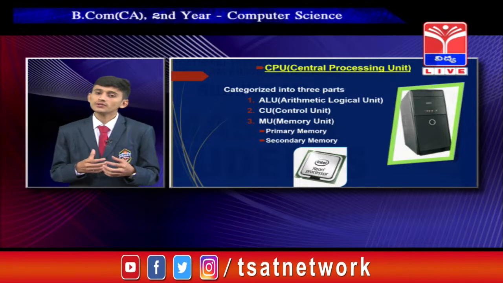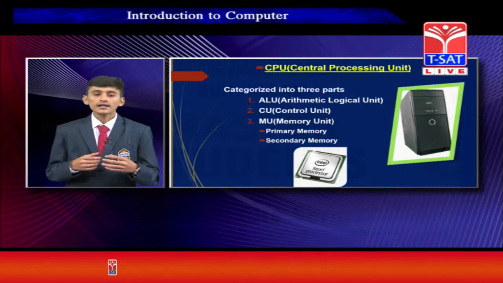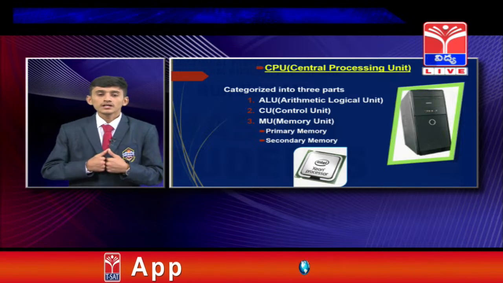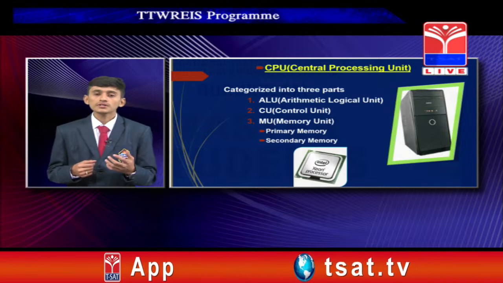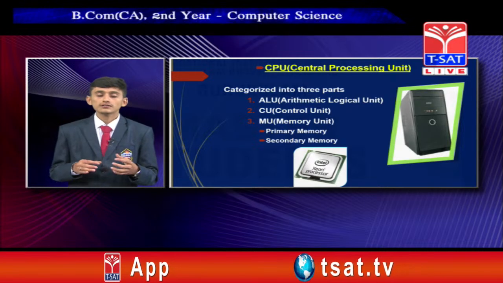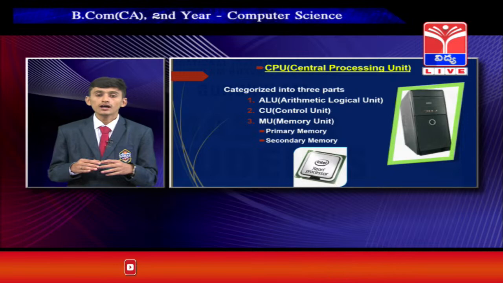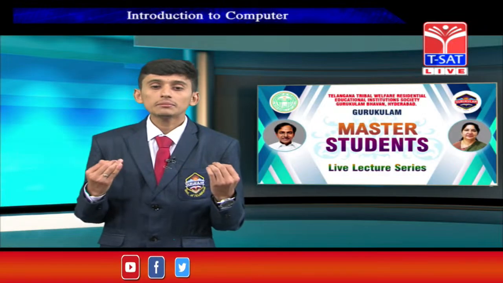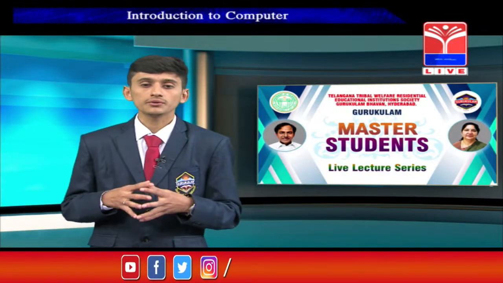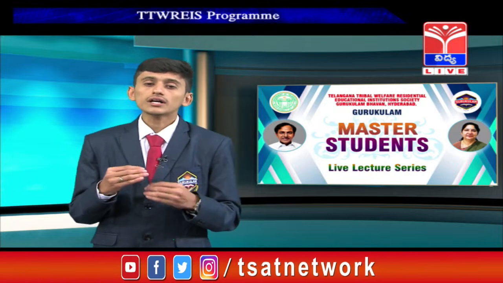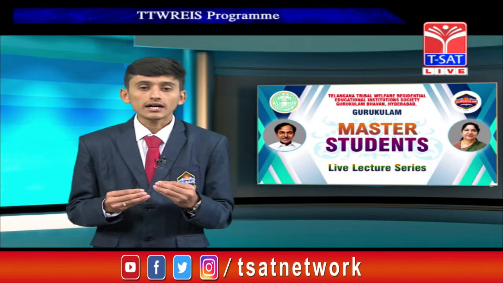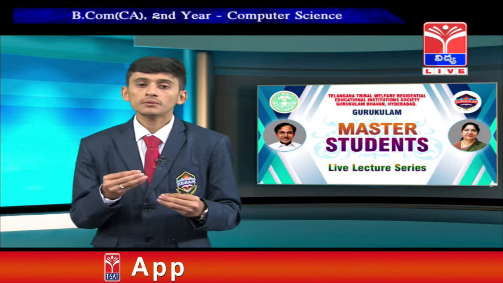The control unit can be called the main nervous system of a computer. This control unit controls all the instructions, and processed data is handled by the control unit, and all this controlled processed data is transferred to the memory unit.